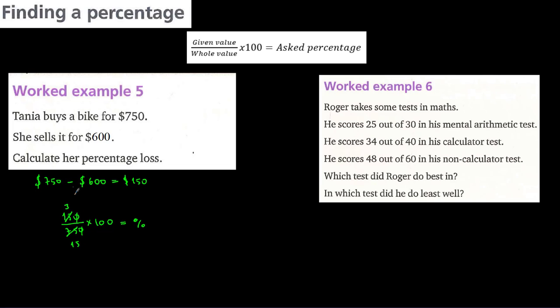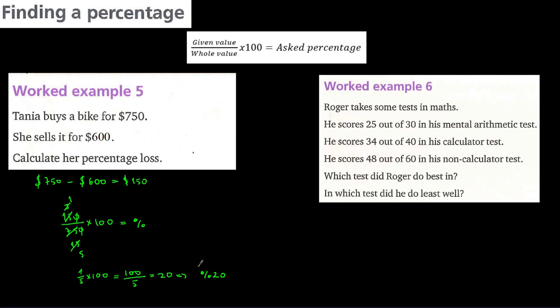And this time you can divide by 3. If you divide by 3, this is going to be equal to 5, and this is going to be equal to 1. So it is equal to 1 over 5 times 100, that's equal to 100 divided by 5, which is equal to 20. So her loss is 20%.